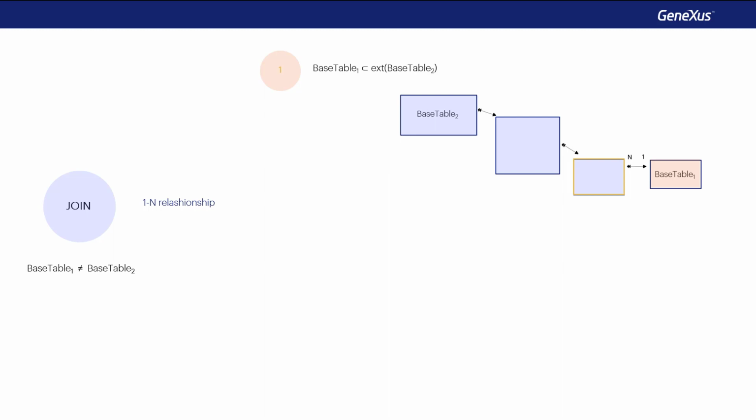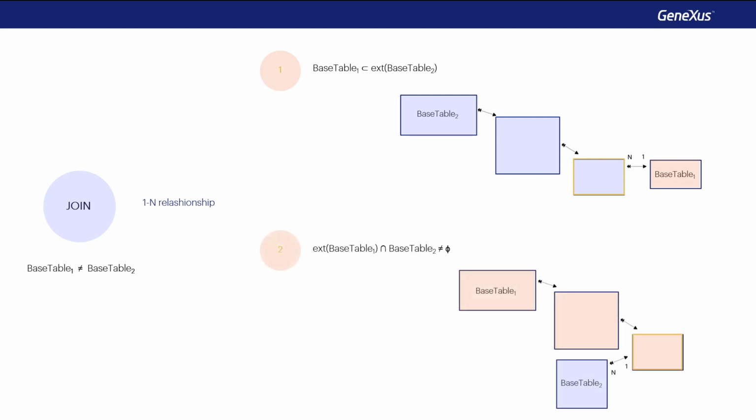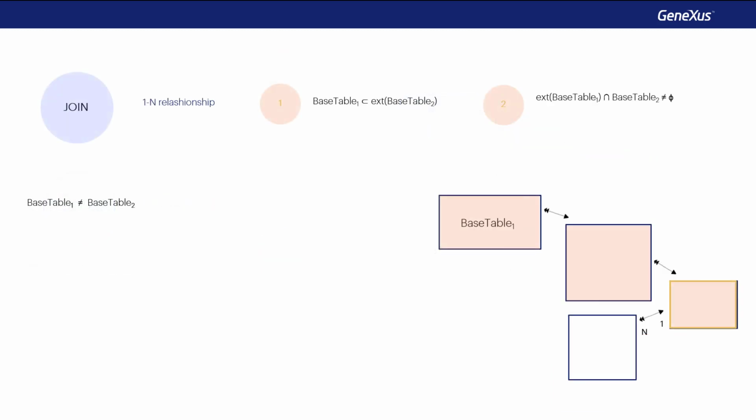Therefore, the join case is that of different base tables where a direct or indirect 1 to n relationship is found, according to these options: base table with extended table, or extended table with base table. There is no extended table with extended table.